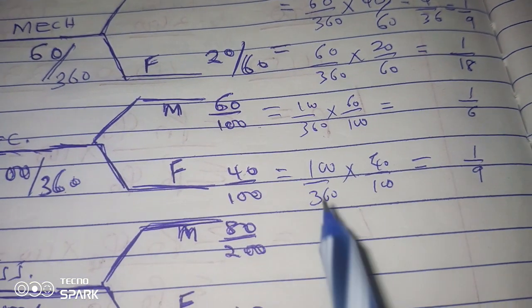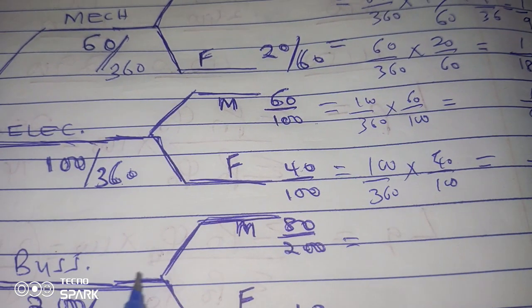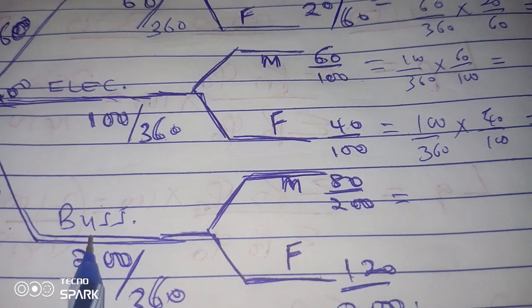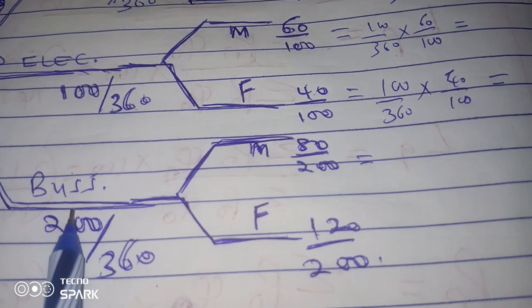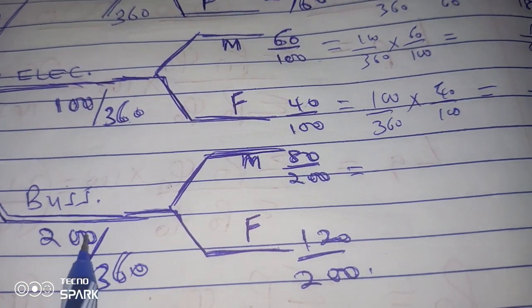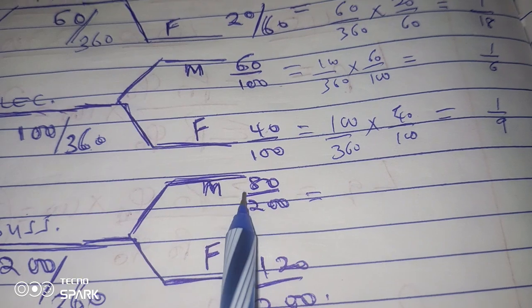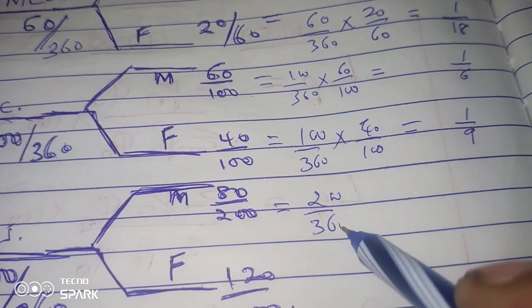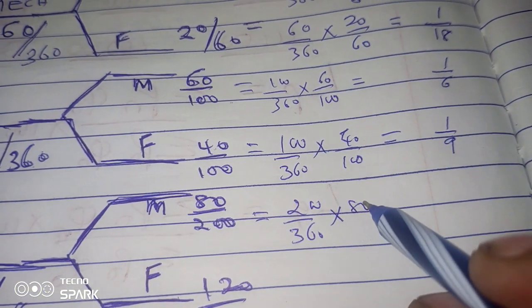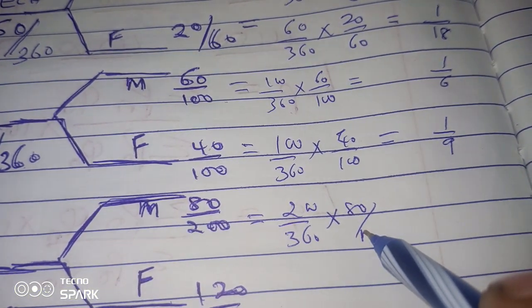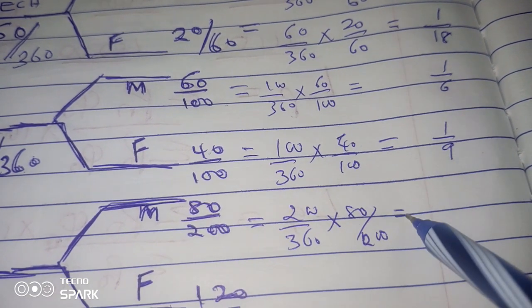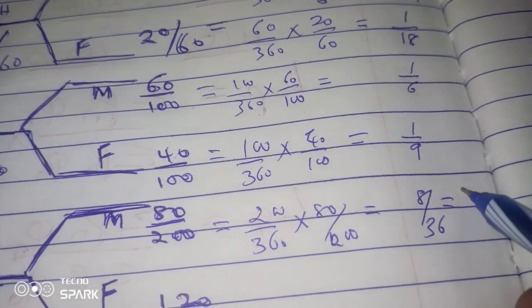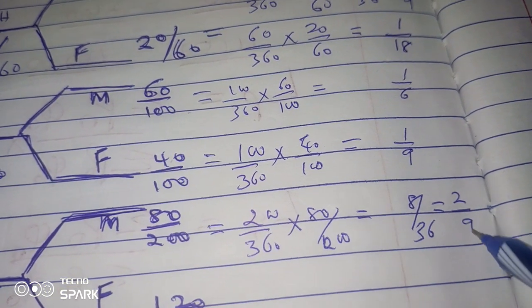Once again, as we finish up, the probability of picking a male student in the business department is the probability of the business department times the probability of the male in the business department, and that comes to 200 over 360 multiplied by 80 over 200, which is 8 over 36, and that is 2 out of 9.